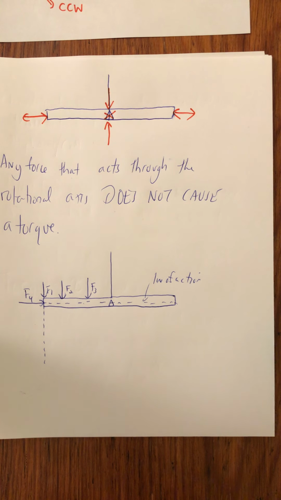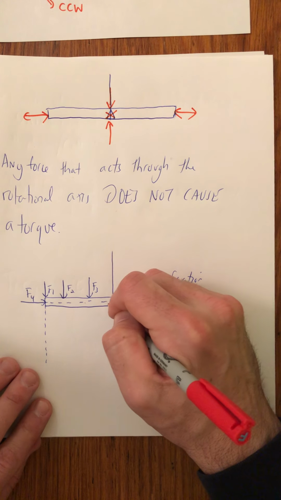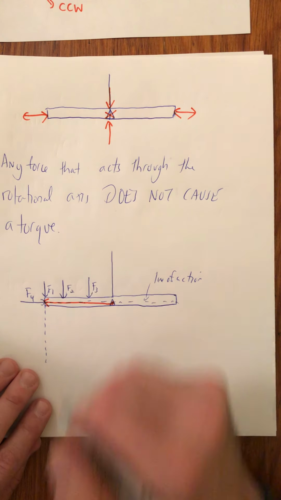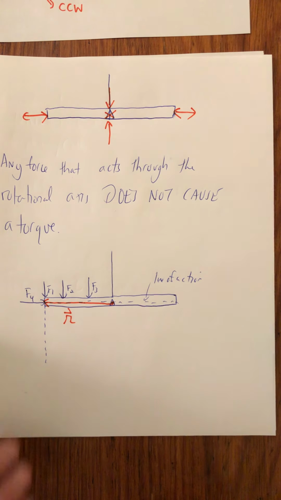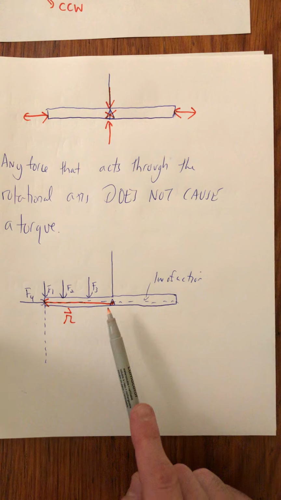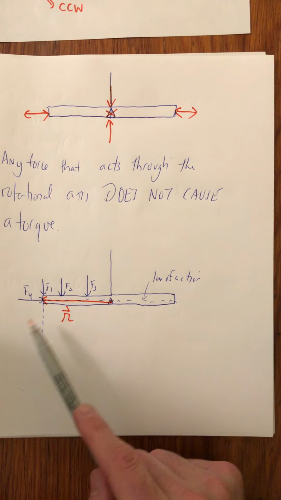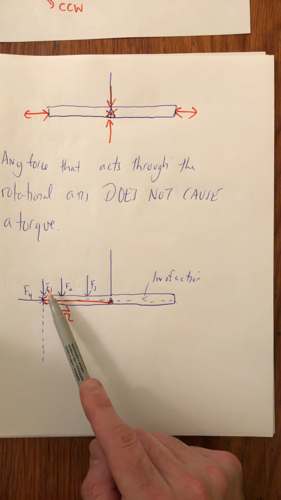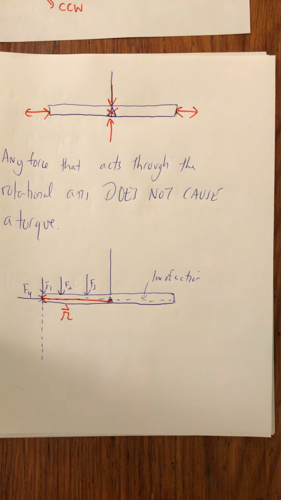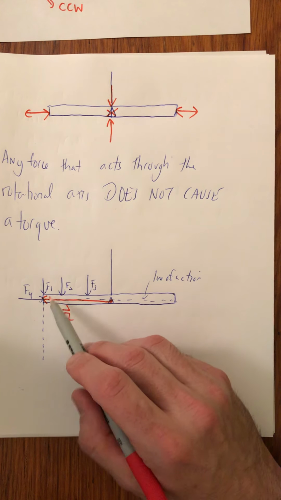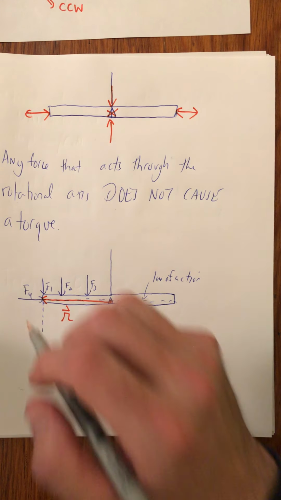So I want to define some things here as well. From the axis of rotation out to where the force acts, I'm going to call that vector r. And that's a position vector. The longer r is, the greater the torque. That's kind of what we said before. But notice here, r would be the same for force 1 and force 4. So there's a couple of ways of dealing with the torque concept. The first is, notice that force 1 causes a torque, force 4 doesn't.